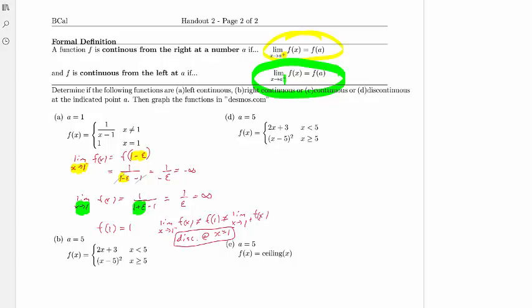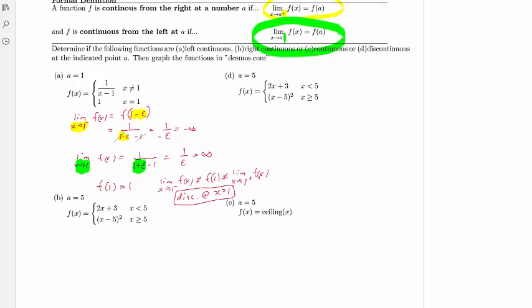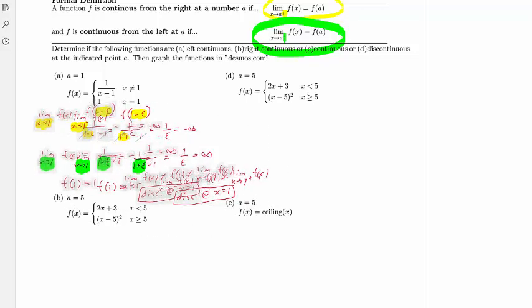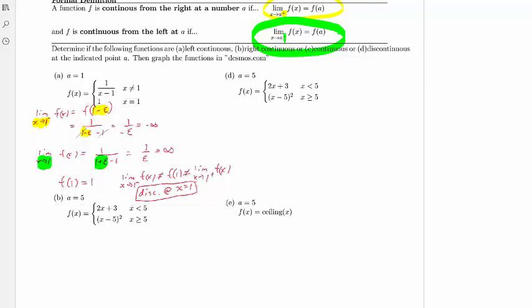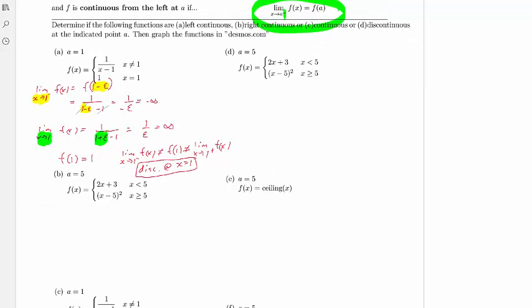Okay, so for the next one. Alright, so we want to know what's going on at 5. Basically we're trying to figure out, do these things sync up or do they not? So first off, what is f of 5?